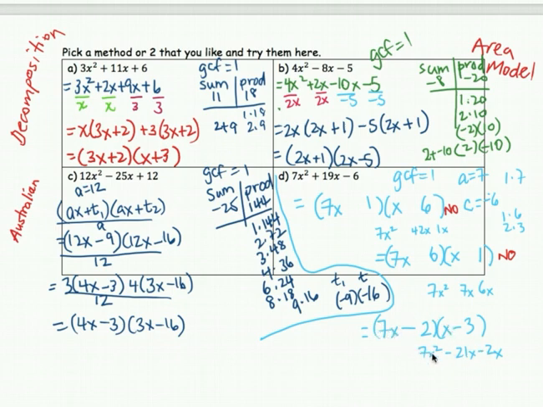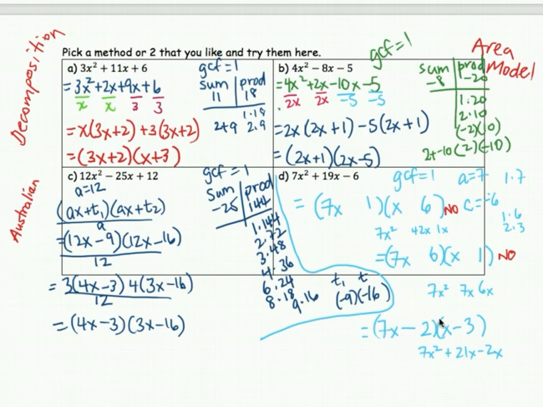7x times x is 7x squared. 7x times negative 3 is negative 21. Negative 2 times x is negative 2x. So right now, this is not going to make us positive 19. So what would make positive 19? Well, if this was a positive 21. So how do we make that positive?